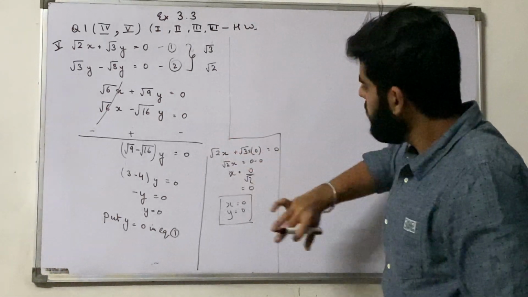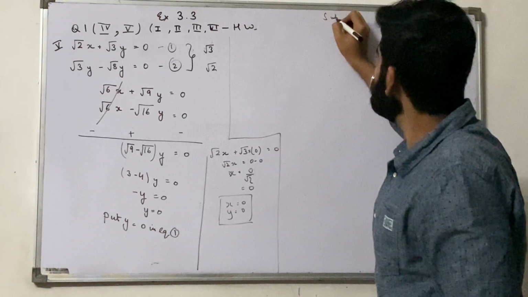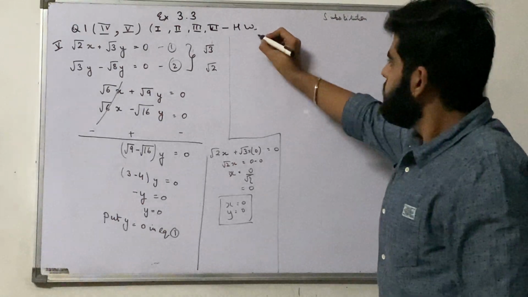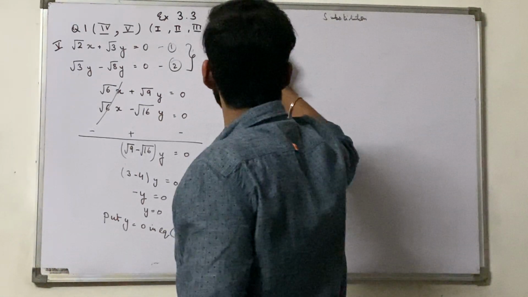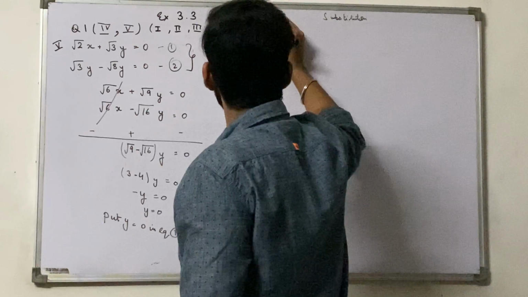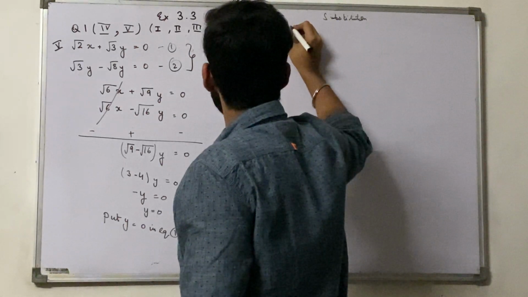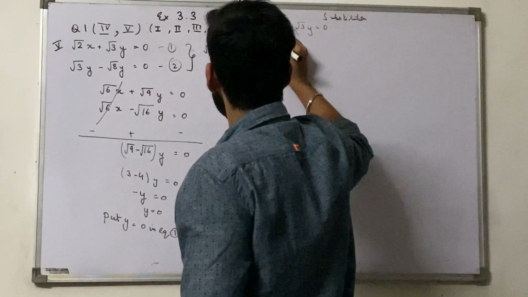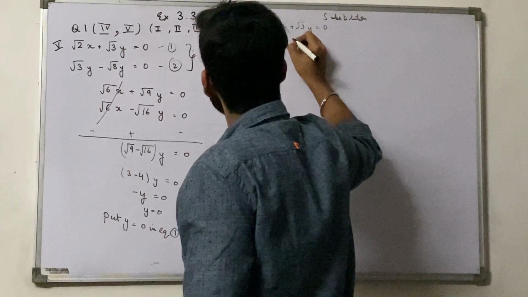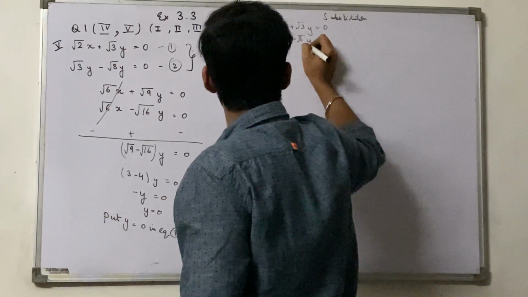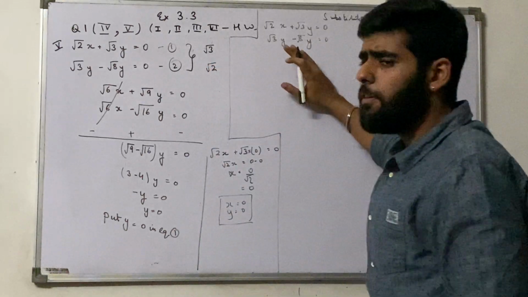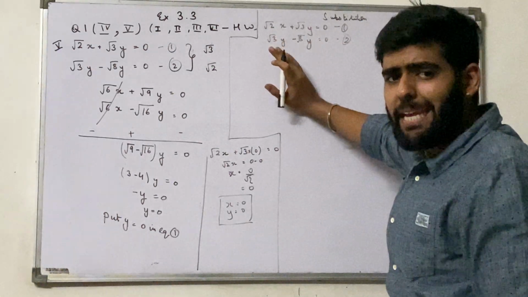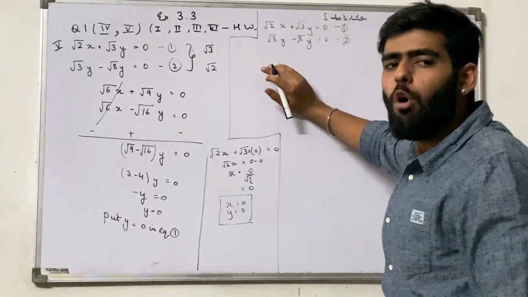This is our elimination method. Now we will do it with substitution method. Now first of all we will pick equation 1 and we will reduce it to the value of x.